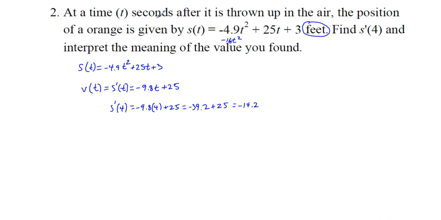At time t seconds, with position of the orange in feet, that's going to be units of feet per second, because the rate is the first derivative, the derivative of position.